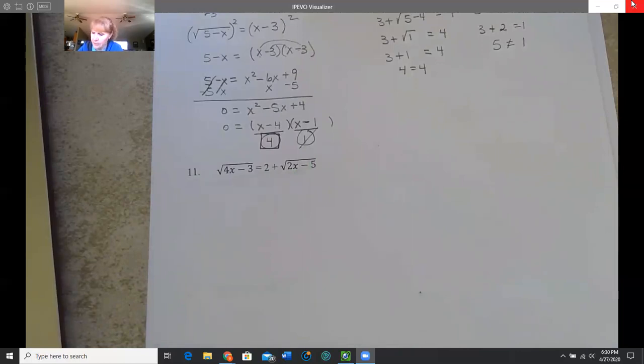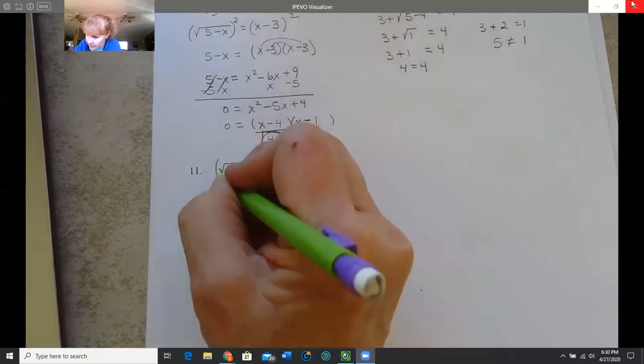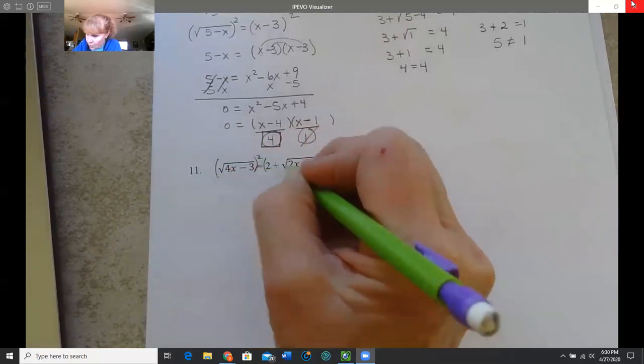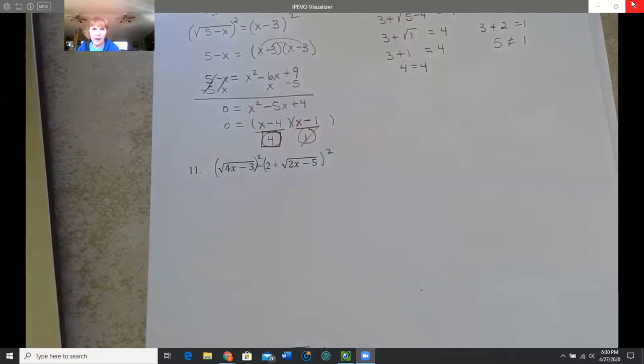But on 11, you've got one on each side. So I'm going to square both sides.